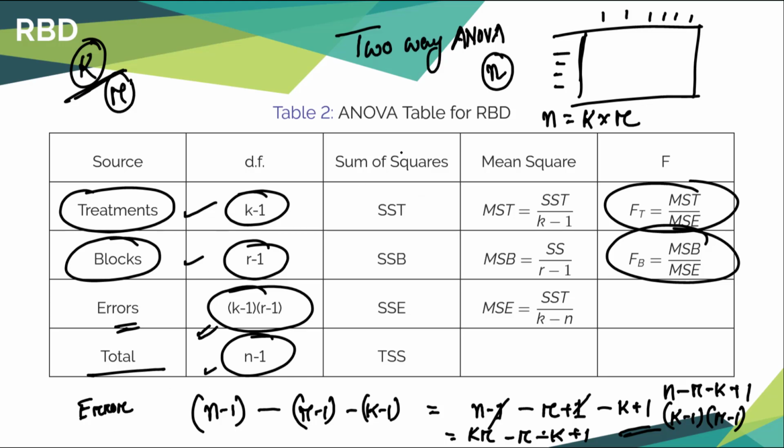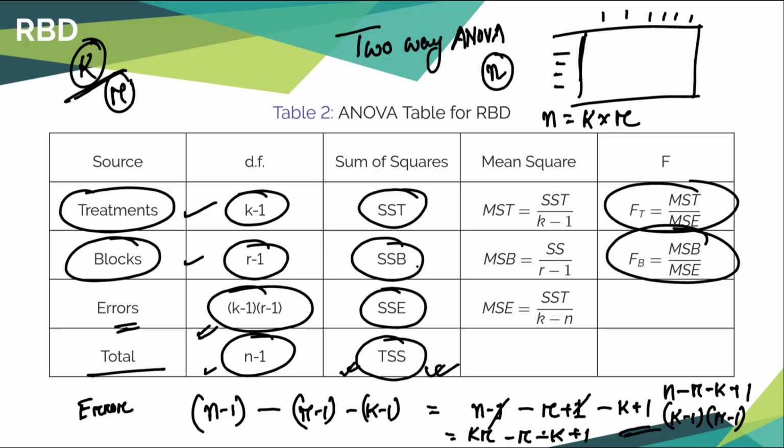The quantities that we calculate from the data are sums of squares. So this is sum of square due to treatment, sum of square due to block, sum of square due to error, and total sum of square. Calculation of total sum of square is exactly the same as CRD. In case of CRD, how we calculated the total sum of square from raw sum of square, the exact procedure will be followed here.